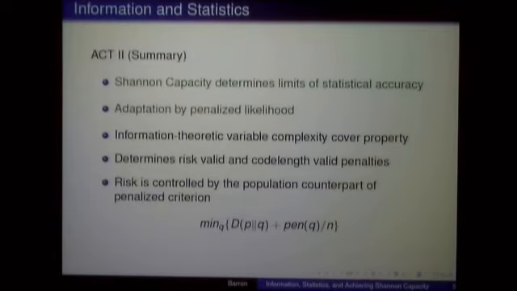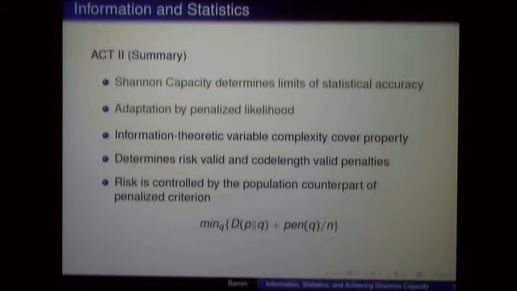Okay, so that's the end of Act 2, where our summary is that Shannon capacity determines limits of statistical accuracy, and that we can do adaptation by penalized likelihood, and that information theory tools provide a means by which to assess which types of penalties would permit that to be true.